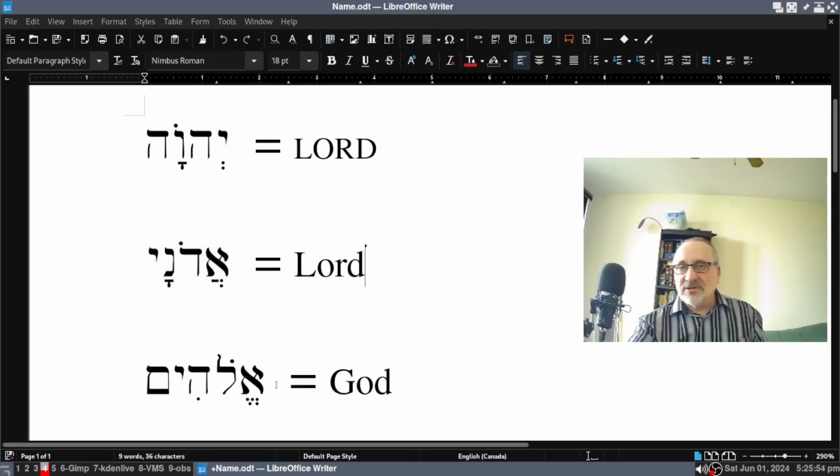And then, of course, this word is Elohim, and it's always translated as God, even though the last two letters make it im, and anything with im is masculine plural. So really, you could translate this as gods, but most Bibles will translate it as God and without the S. Okay, so they make it singular. But really, anything with the im at the end is masculine plural.